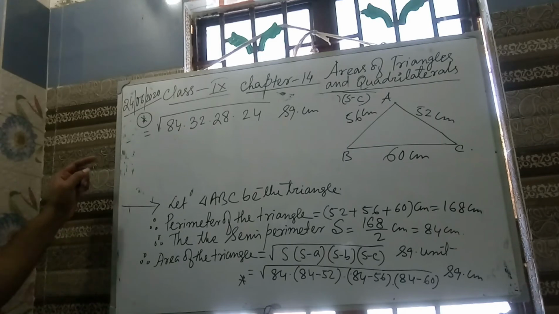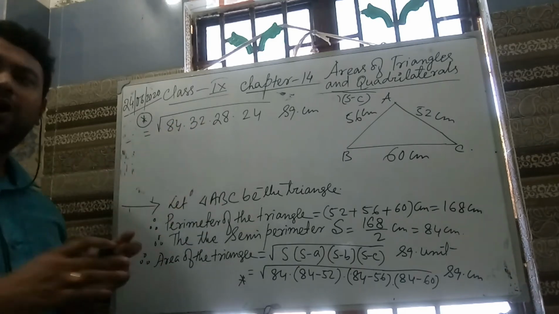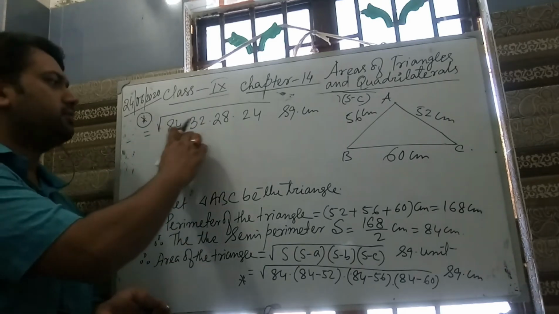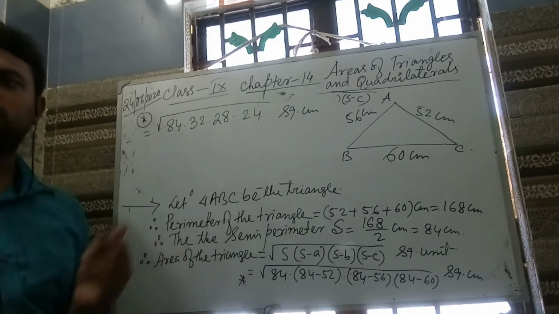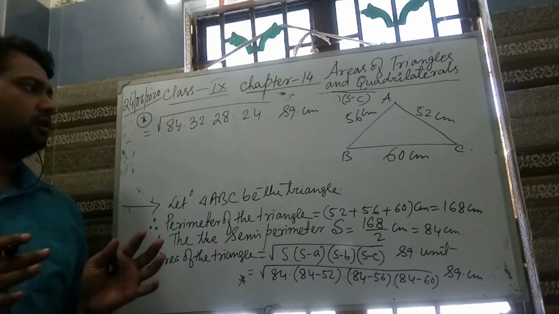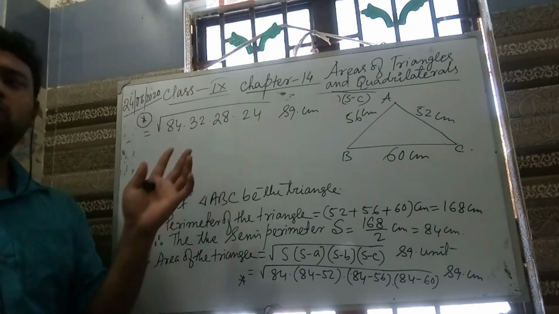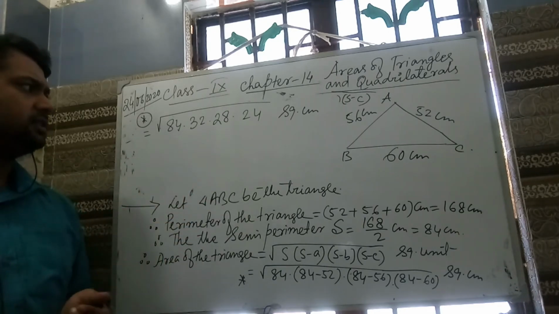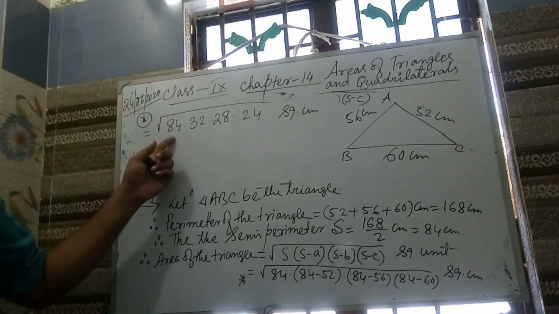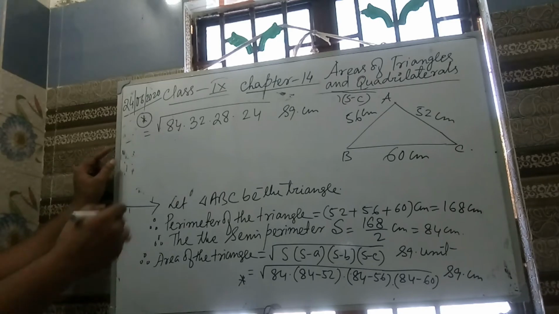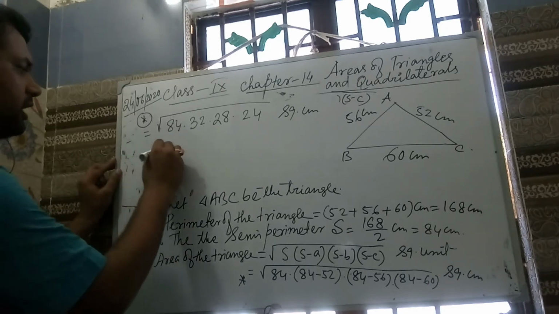What people usually do, they just multiply it and then factorize and find out its square root. In that case, the sum will be more difficult. So what I suggest, you just factorize each term separately.